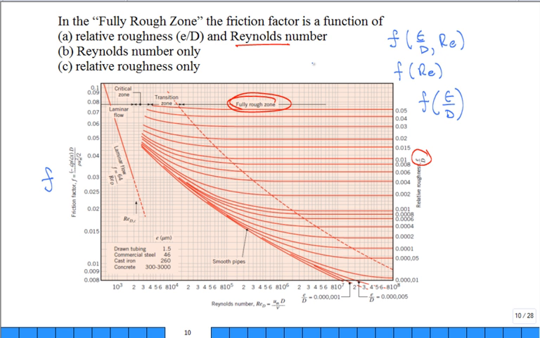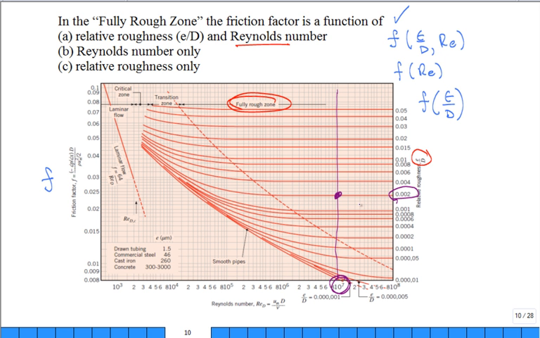Everybody in? Well, let's answer this question. Somebody says, how do you use the Moody diagram? The way we've outlined it, you're trying to get this output from some inputs. So if I said the Reynolds number was 10 to the 7, and the relative roughness is 0.0002, right here is the intersection of that relative roughness line with that Reynolds number line.